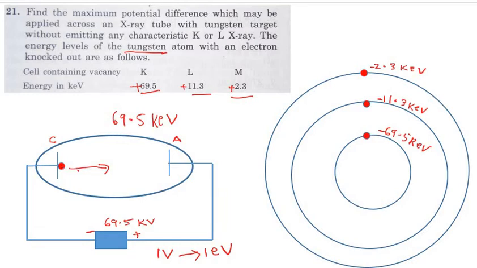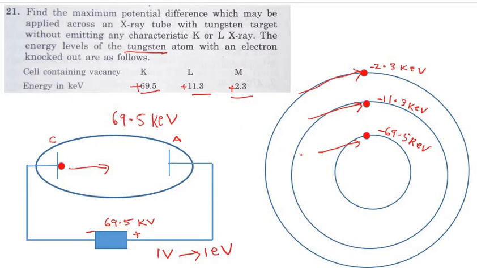So these electrons are going to collide with the atoms of the anode. Now this electron may collide with this, it may also collide with this, it may also collide with this, correct? So if I set this voltage, then this electron will gain this much energy, and when this electron strikes this or this or this, any of these can be knocked off, because this is having larger energy.